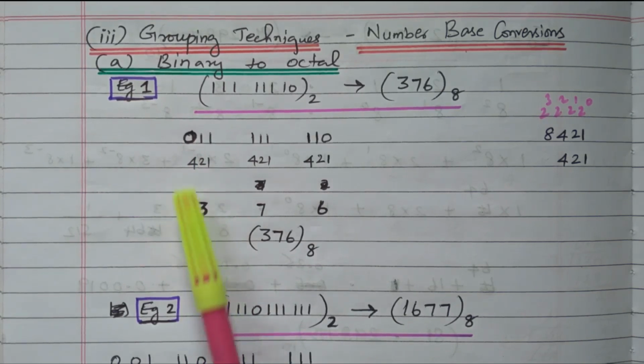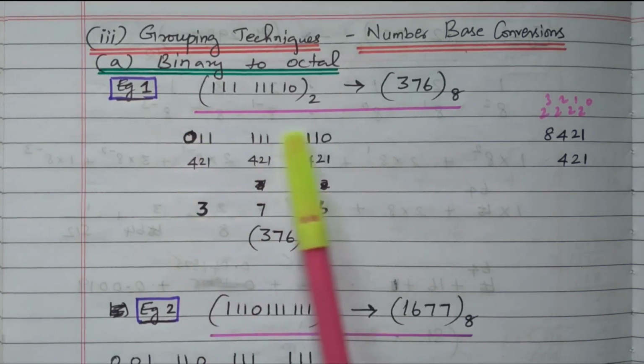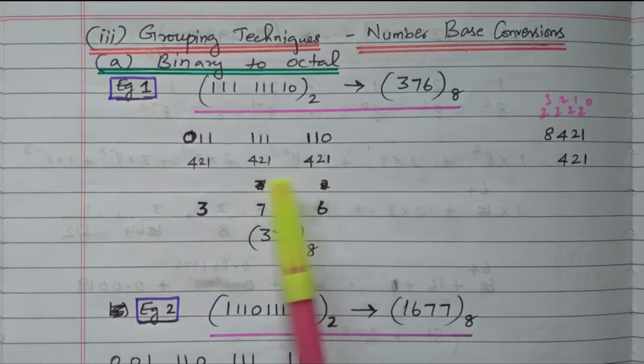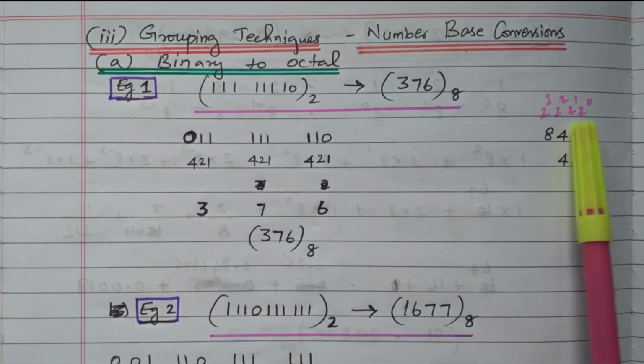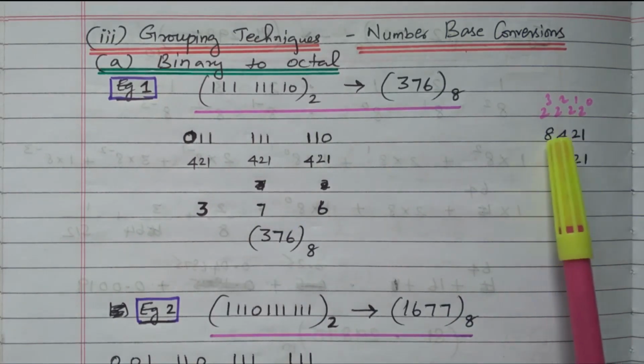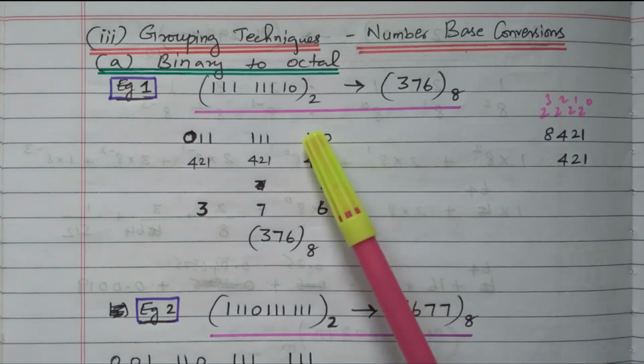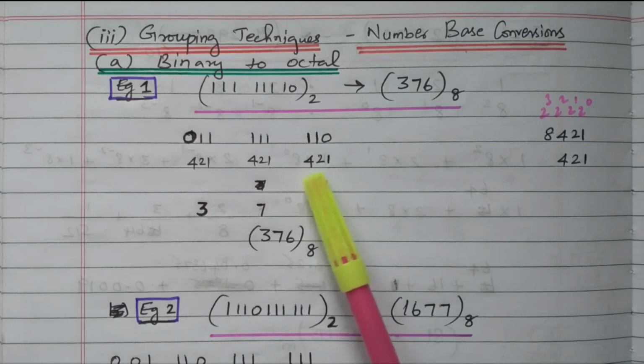So first the binary number is grouped into 3 digits. Then the weightage is written, 4 2 1, 4 2 1, based on this weightage. In hexadecimal we need to use 8421. In octal we need to use only 4 2 1. Now based on these values, 1 1 0 means the first two digits are 1 and the third digit is 0, so we add the first two digits, 4 plus 2, 6.